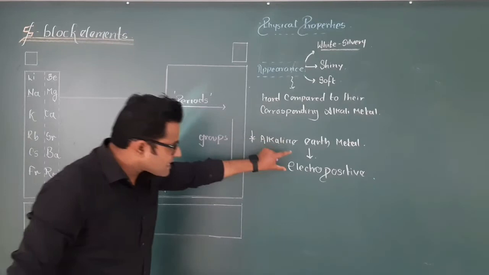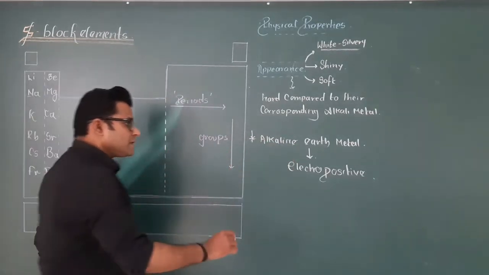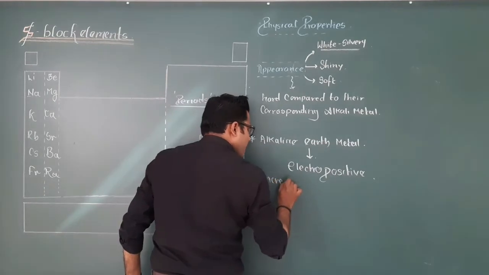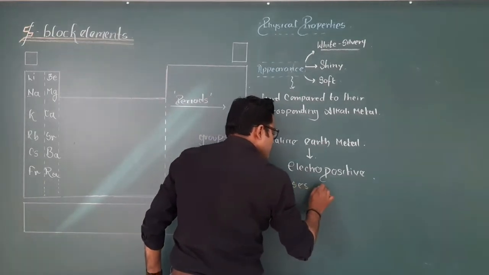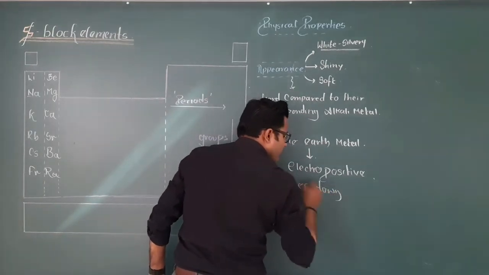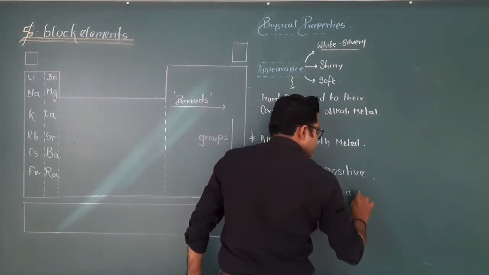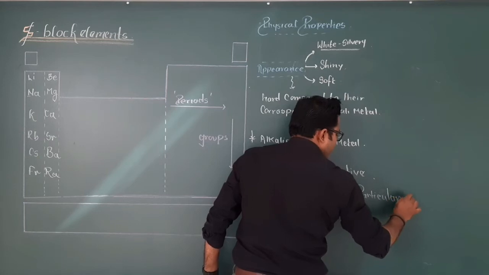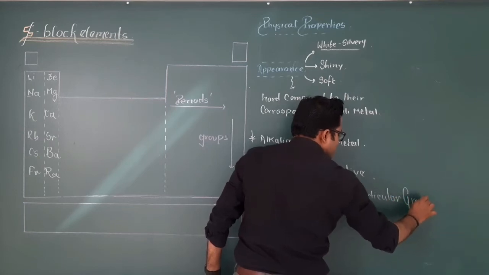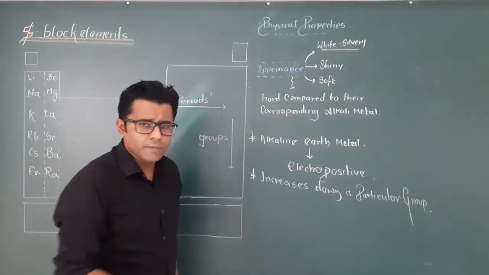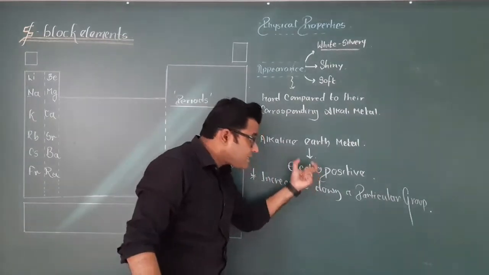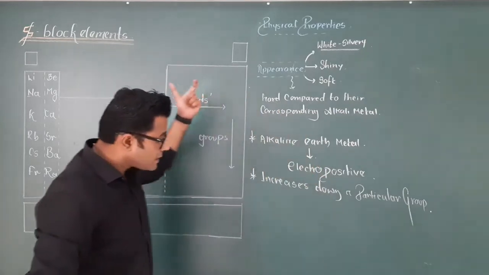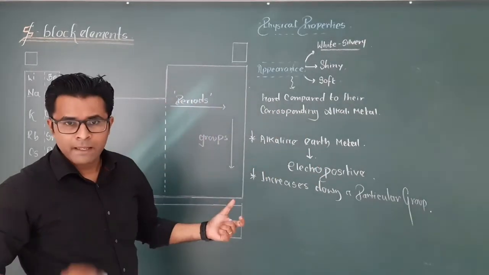This electropositive nature goes on increasing down a particular group. That means with increase in electropositive nature, the metallic nature also increases down a particular group.